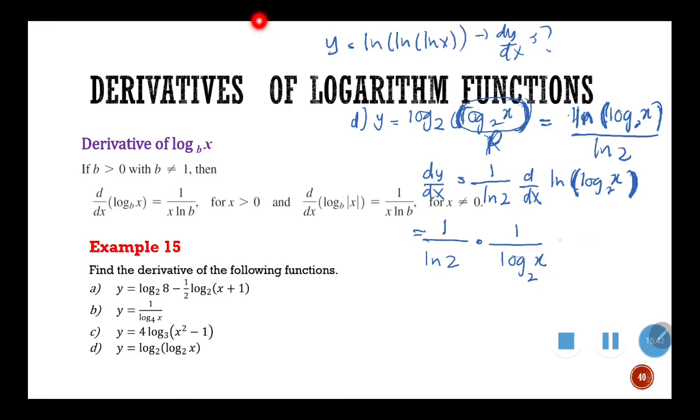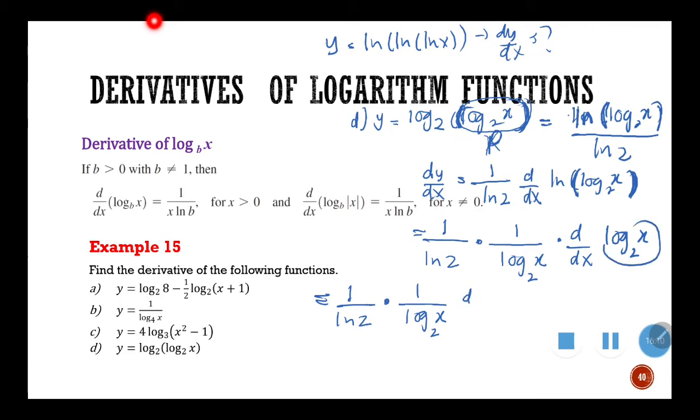Okay, and then the derivative of d dx log x base 2. Okay, d dx of log x base 2 tu, you boleh nak buat tu ataupun you boleh nak differentiate it separately. So kat sini kan, we have 1 over log x base 2. Nanti saya tunjuk lagi. To differentiate this, you may change this become apa? ln x over ln 2, kan? So maknanya kat sini kita buat d dx of ln x over ln 2.